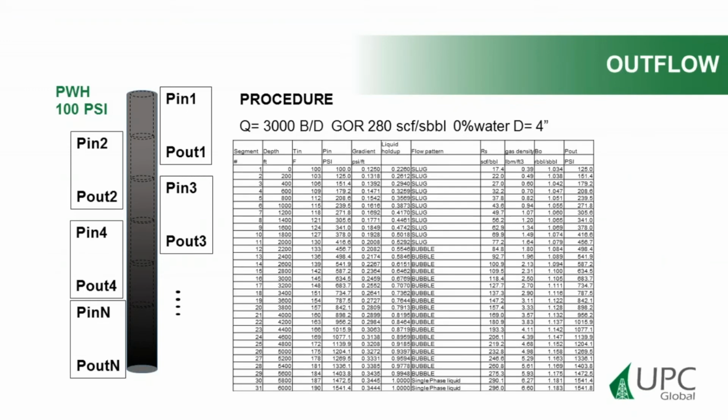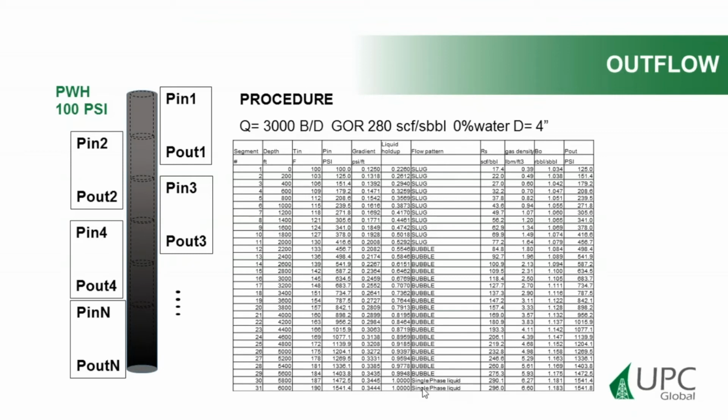When we perform the corresponding computation, you are going to see that the gradient changes. The lightest gradient is at the top because you have more free gas at the top than at the bottom. We can compute how much liquid you have at the top, and you can see that it's changing, and you can see the flow patterns predicted at different locations.